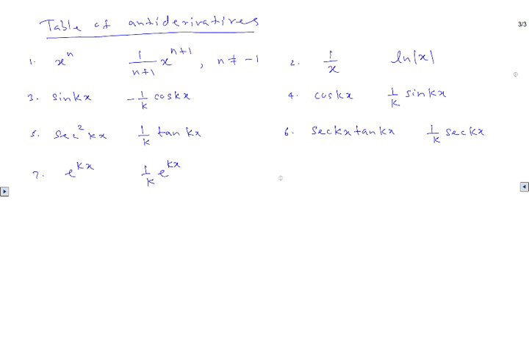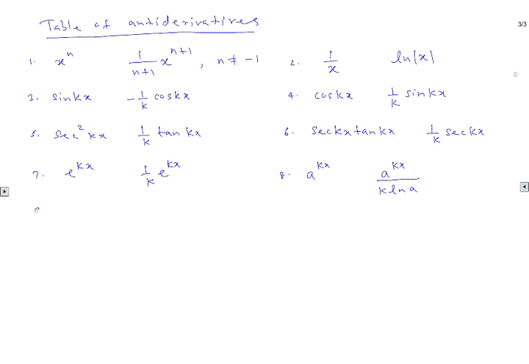How about a to the kx? Not e but a. So what happened here? It's going to be a to the kx, and then k comes out, ln a comes out.